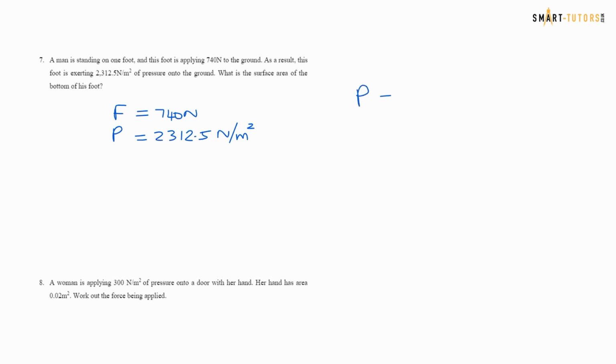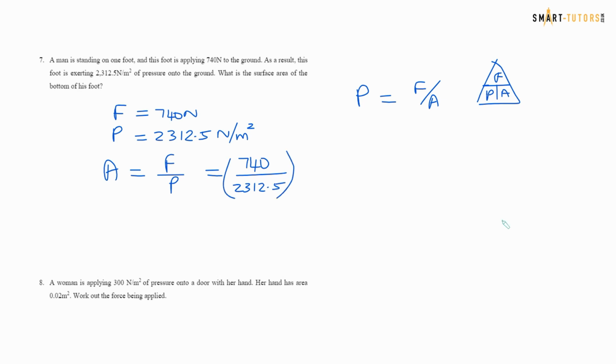So pressure equals force over area. If you use the triangular rule, pressure equals force over area, so area equals force divided by pressure. So force is 740 divided by 2312.5. This many meters squared is the area.